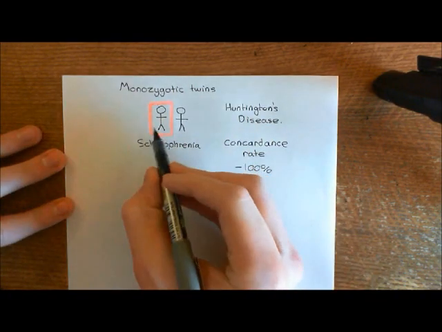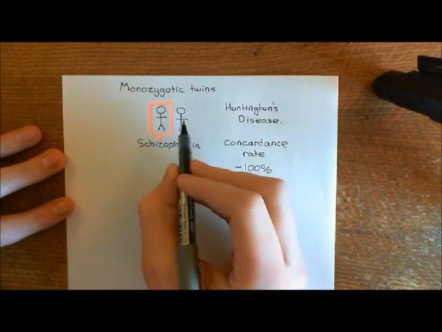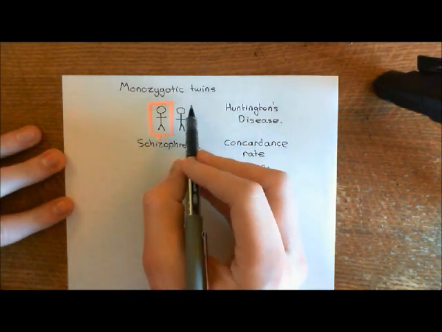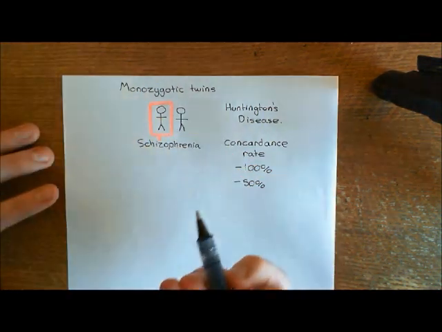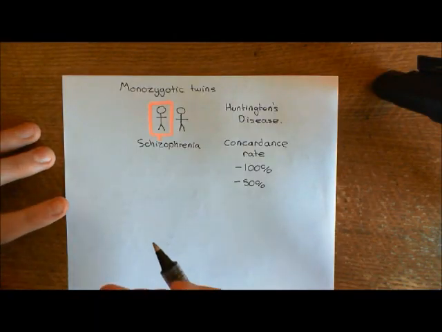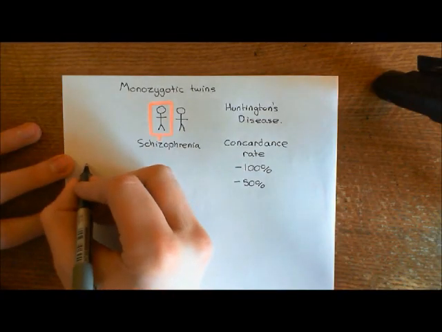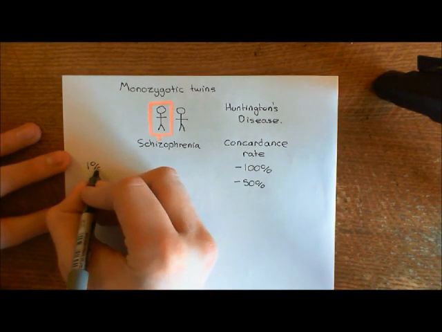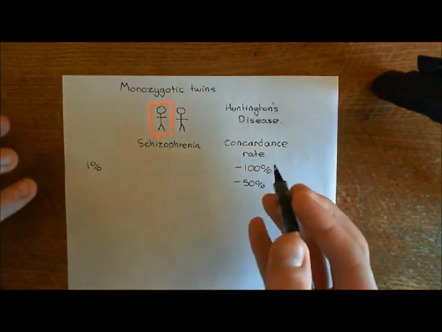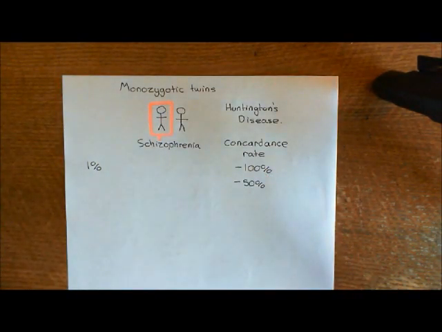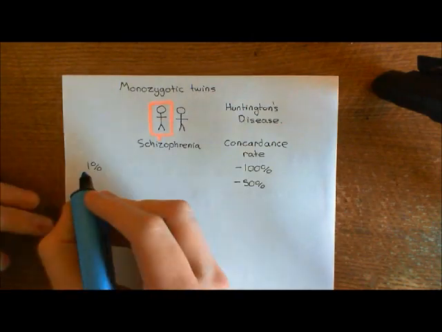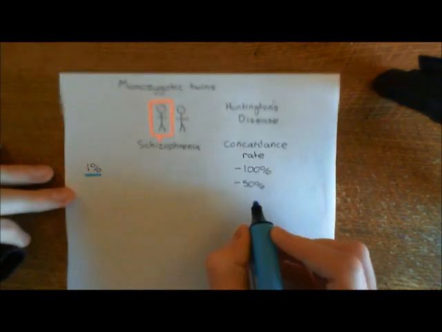Okay, so if the first twin has schizophrenia, there's only a 50% chance that the second twin will also get schizophrenia. Now that's much higher than the general population. The general population's risk to get schizophrenia is 1%. Okay, so certainly there is a genetic component here, obviously, okay, but it's not absolute.